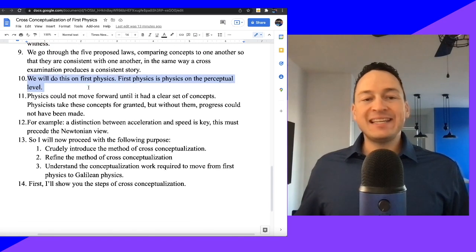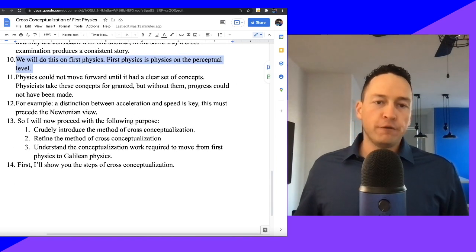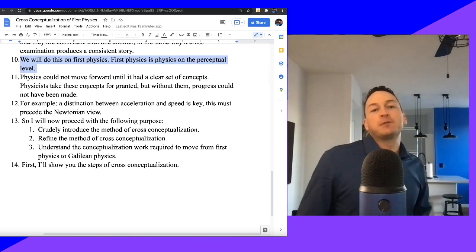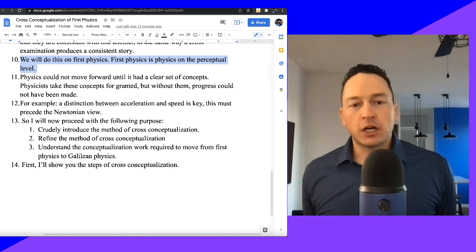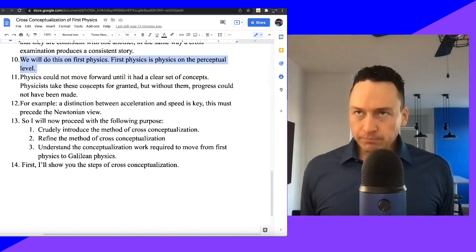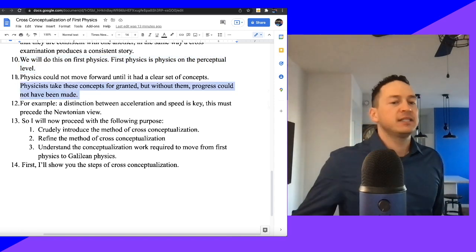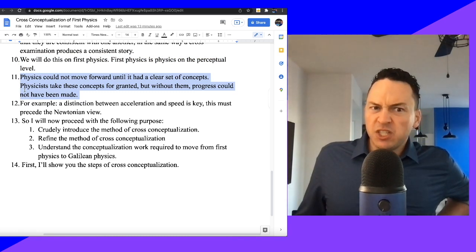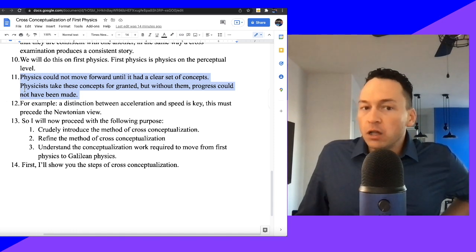So I'm going to demonstrate this process on what I call first physics. First physics is physics on the perceptual level. So here's what I mean by that. It turns out that physics couldn't really move forward until some serious reconceptualization was possible. And physicists take all of these for granted.